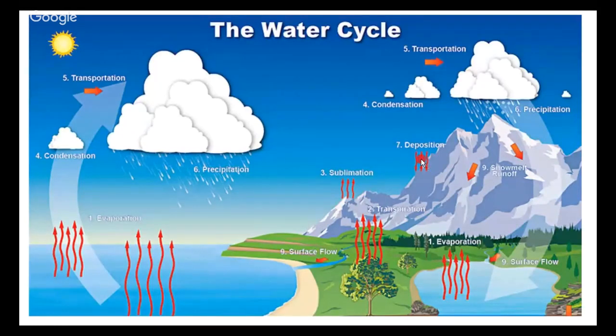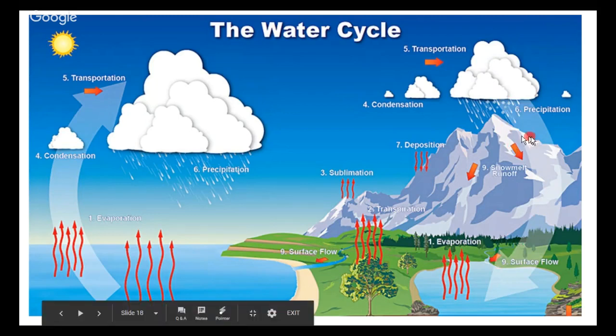That's 7. Anybody sees 8? Surface. I have 2 9s. Okay. All right. Well, let's look at 9. We have what? Snow melt and runoff, and this is sending the water in liquid form back down to 9, surface flow.